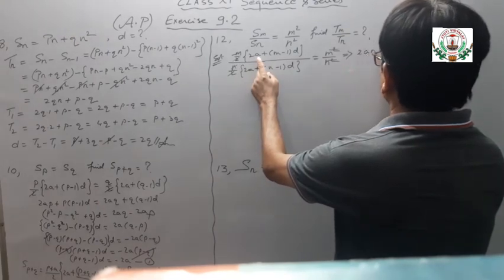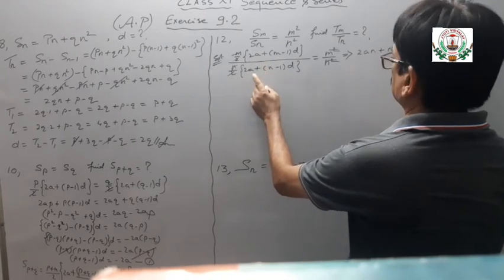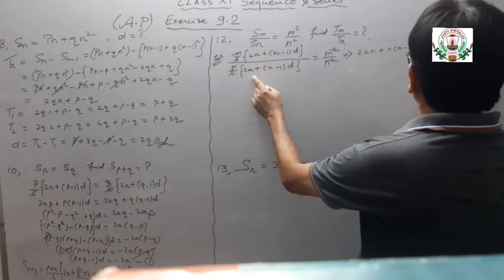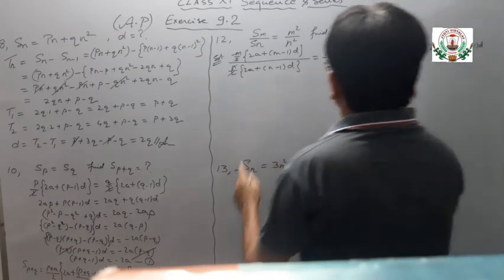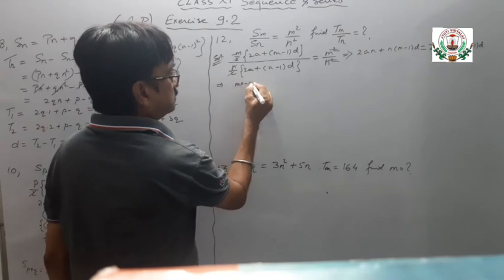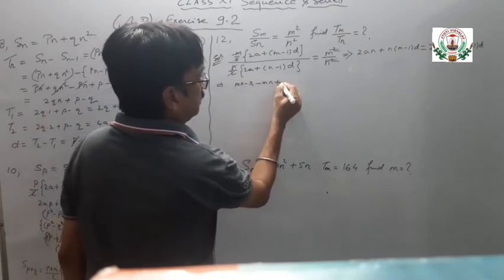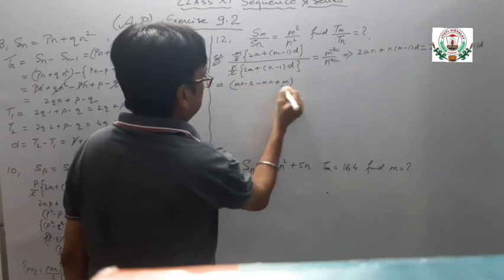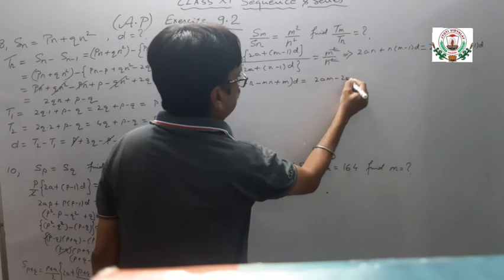2an plus n into (m minus 1) into d equals, now with n, 2an plus m into (n minus 1) into d. Now mn minus n minus mn plus m into d equals 2am minus 2an.